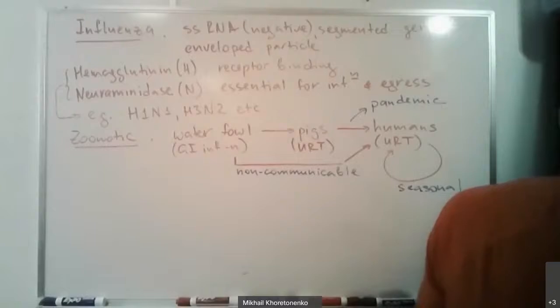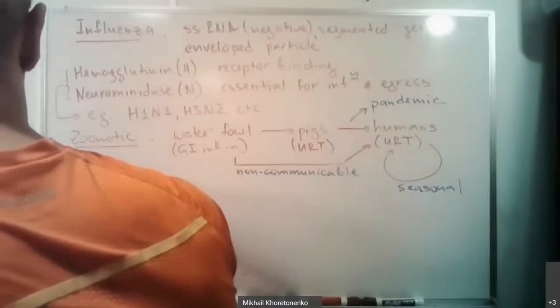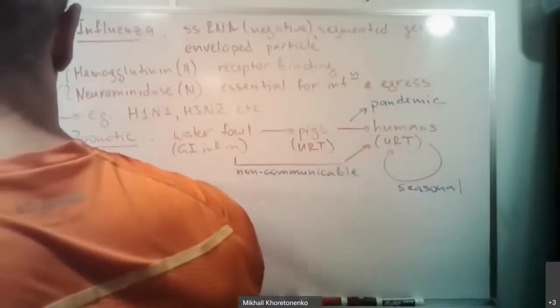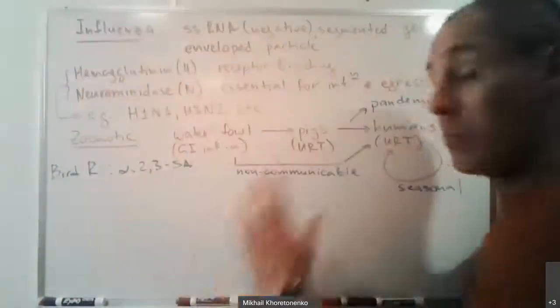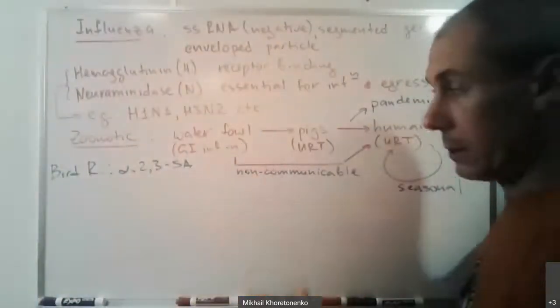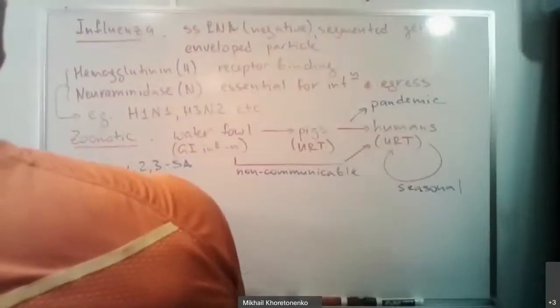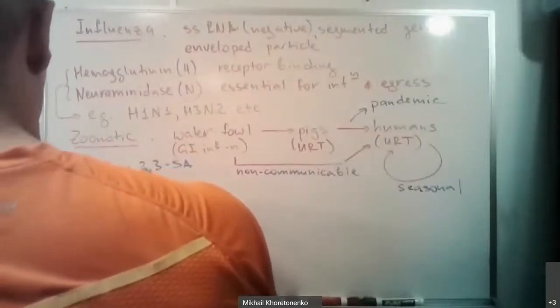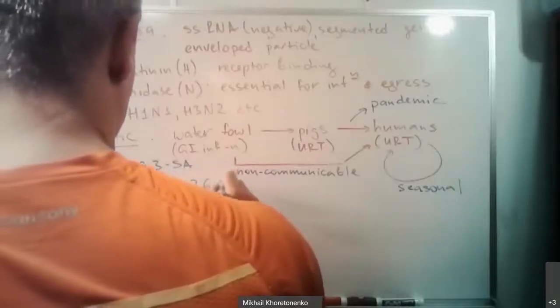receptors. So the receptor in birds is alpha-2,3 sialic acid. Please do not memorize these words. The receptor in a human upper respiratory tract is alpha-2,6 sialic acid.